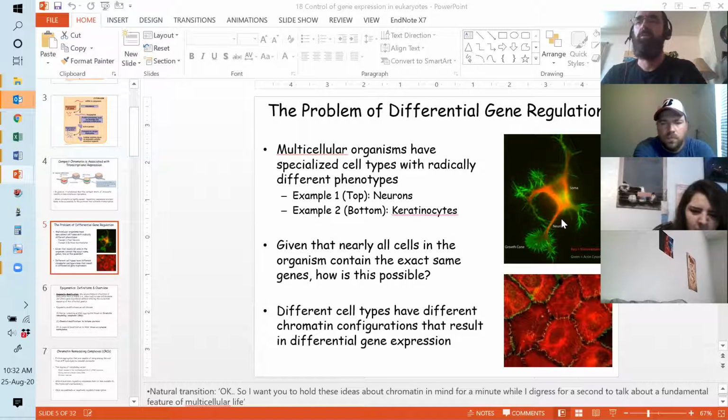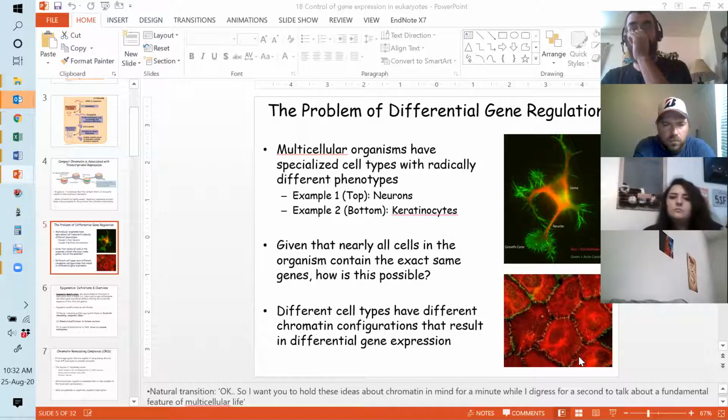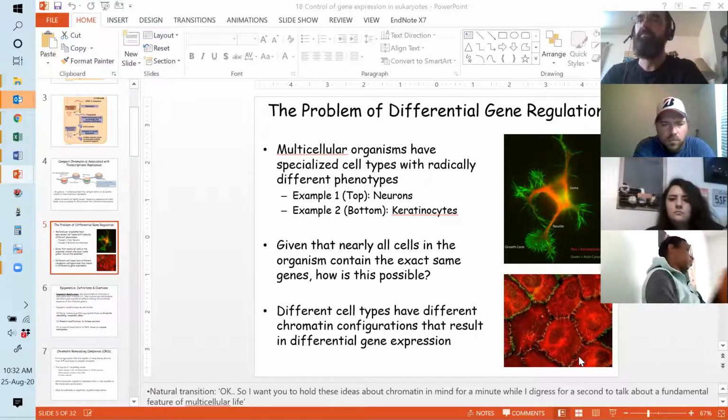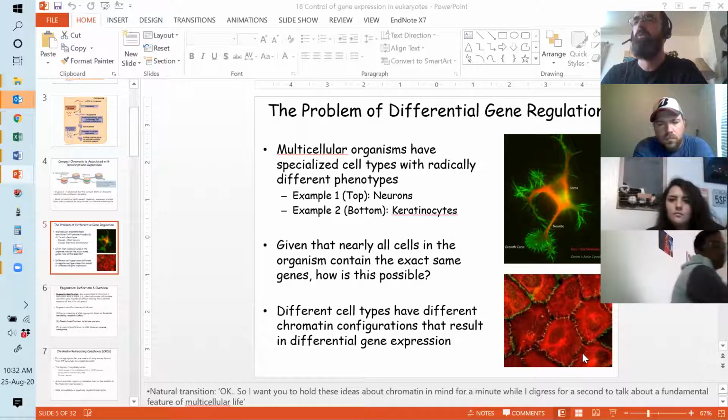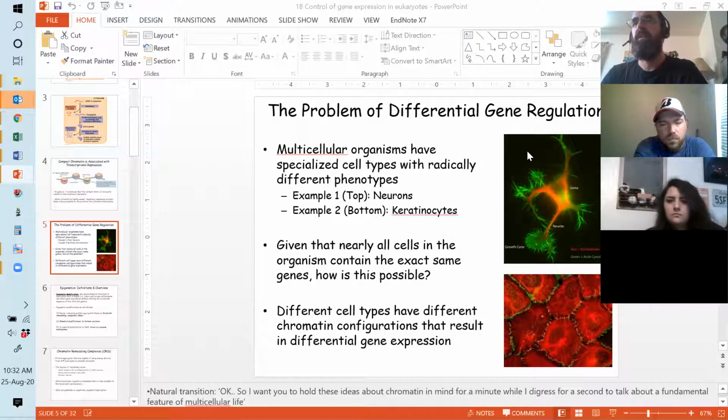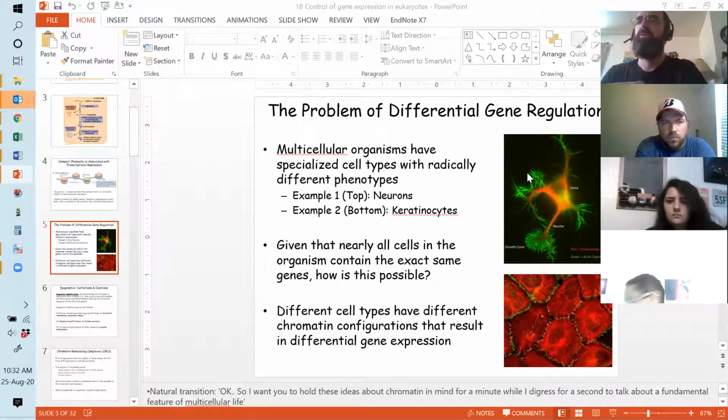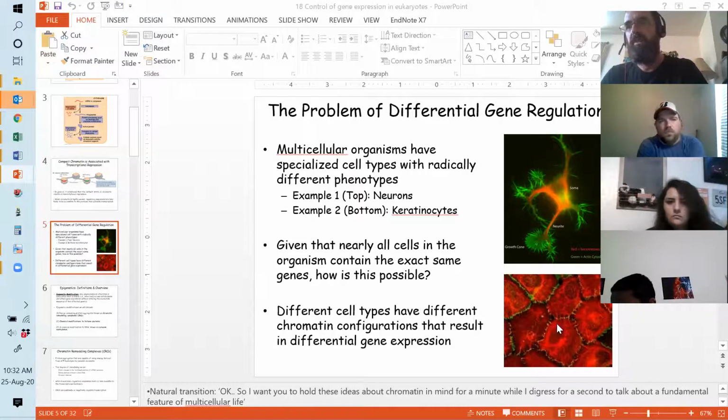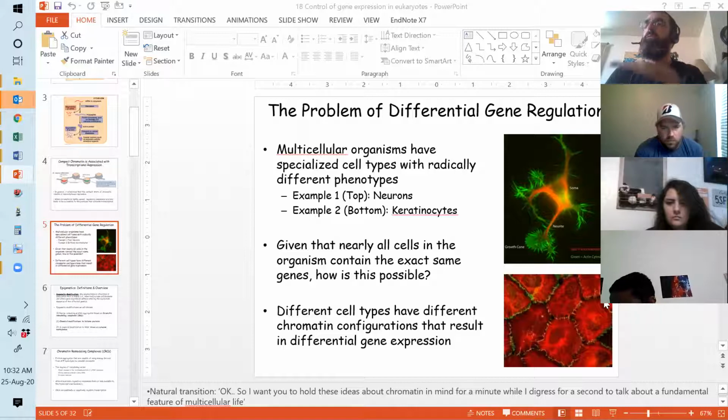Neurons are really cool cells. These are keratinocytes, which are basically structural skin cells, and they have a very different morphology, right? Neurons are able to move around. These are very static. They have real hard junctions with the cells next to them. They form a sheet, and they have structural properties as a result.